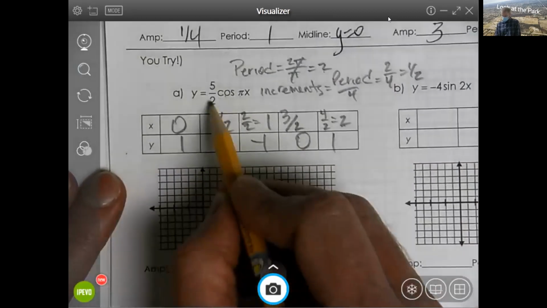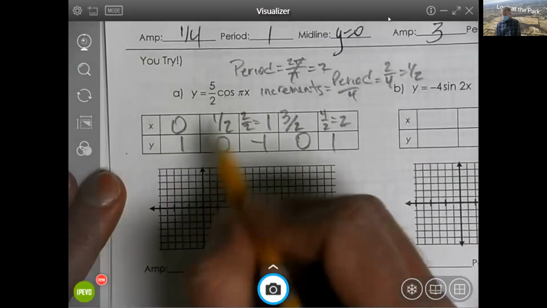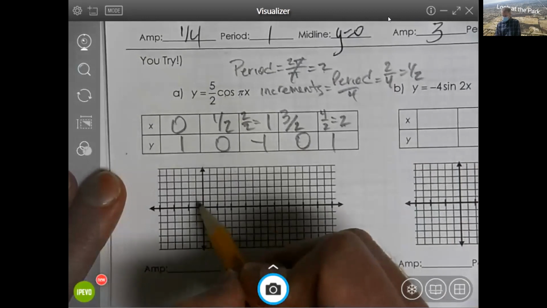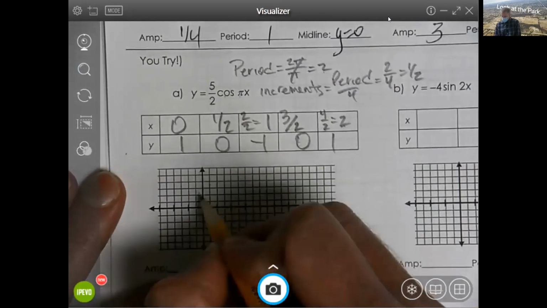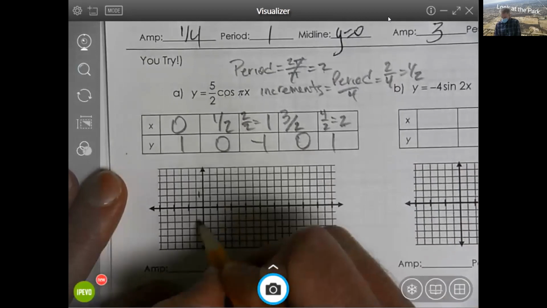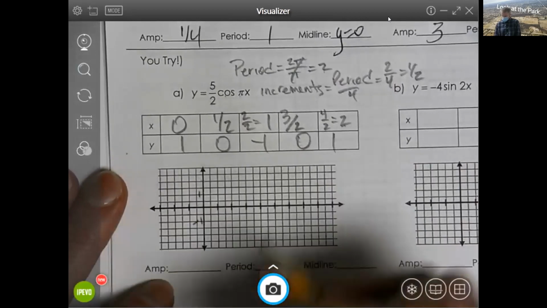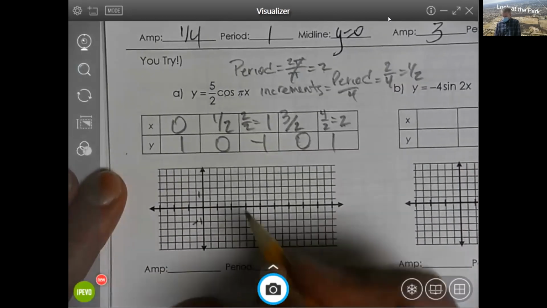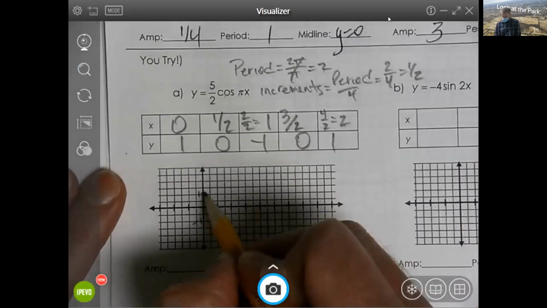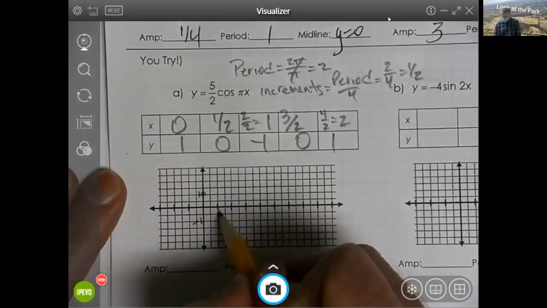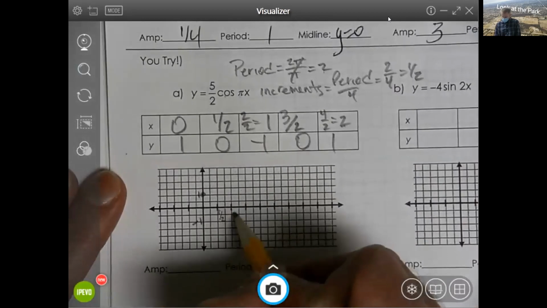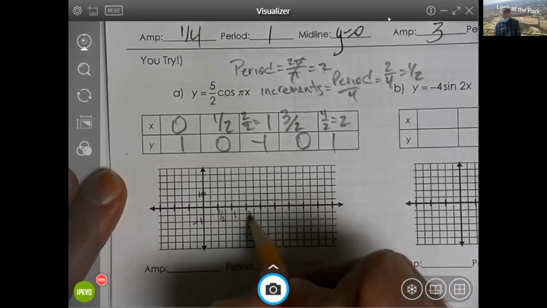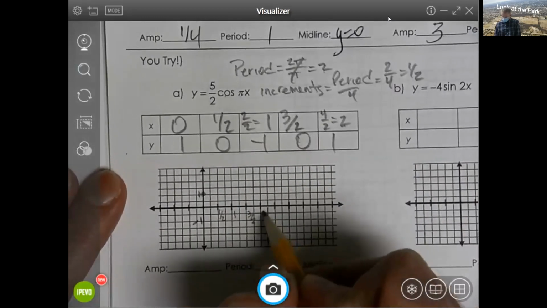So this is stretching up to 2.5. So we have to have room for about 3. So 1, 2, 3. We could go, it looks like, by every other one here. And our cosine graph would start at 0. And here we have a half. We have 1. We have 3 halves. We have 2.